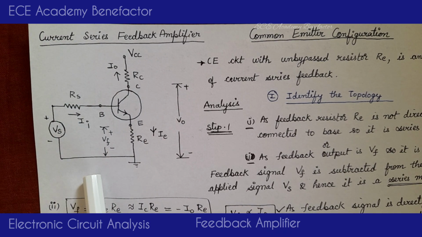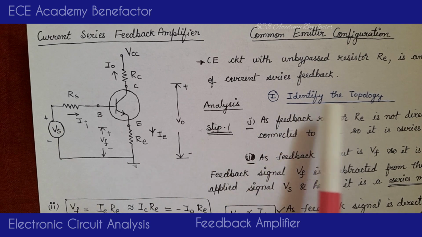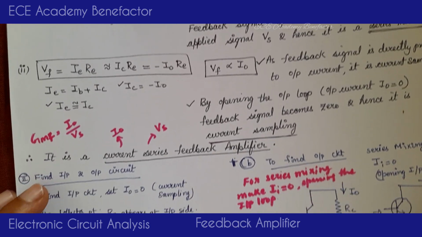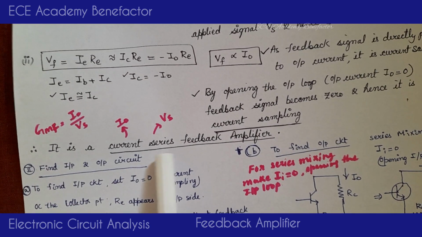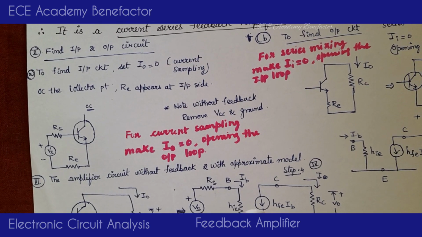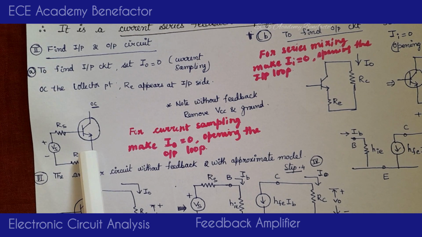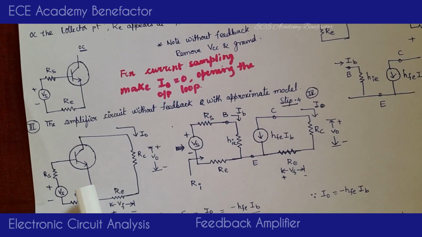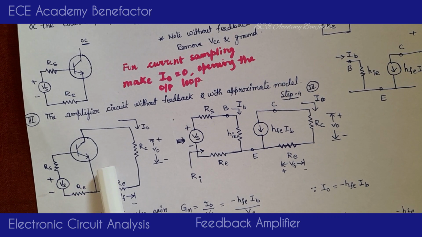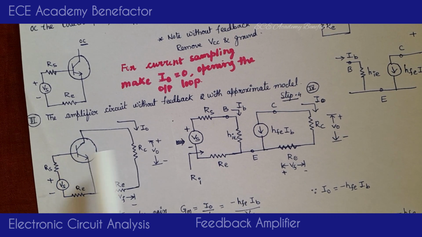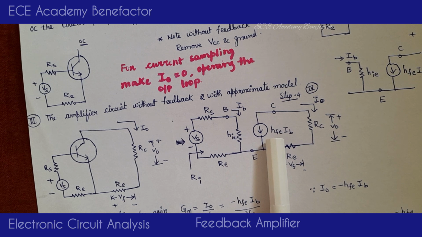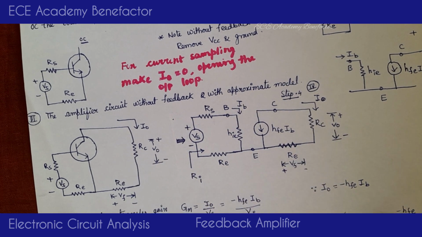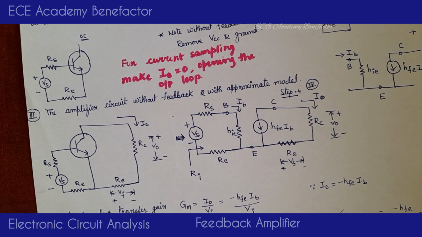The first step is to find its topology, which we identified as current series feedback amplifier. In the next step we obtained the input circuit without feedback and the output circuit without feedback, clubbed both, and replaced the transistor by its approximate H model. Based on this diagram we'll now do the analysis.